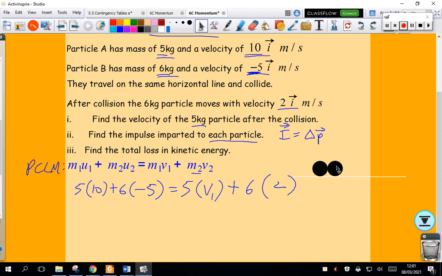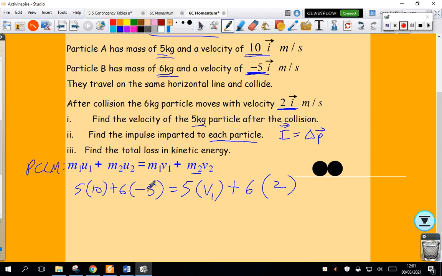After impact, this particle here is now traveling to the right. It's turned around. The force of the impact has made that particle turn around and go in the opposite direction. How do I know that? Well, I know that because it's now moving with a positive velocity. It was moving with a negative velocity, so it has turned around in that instant.